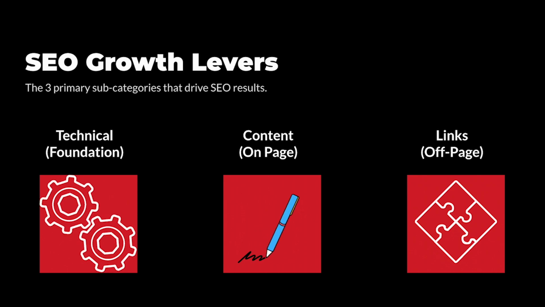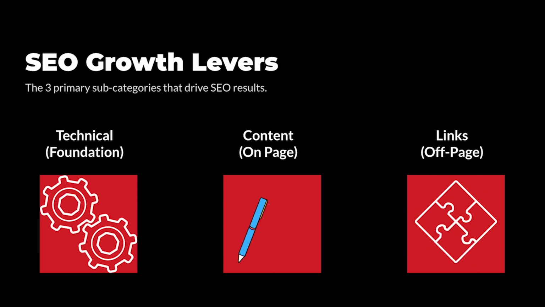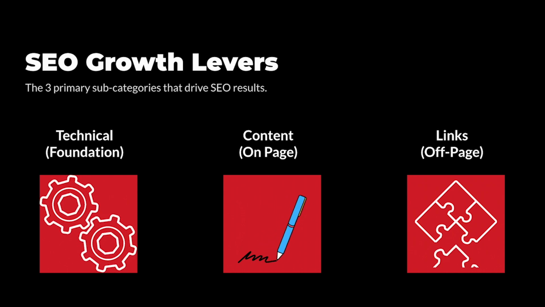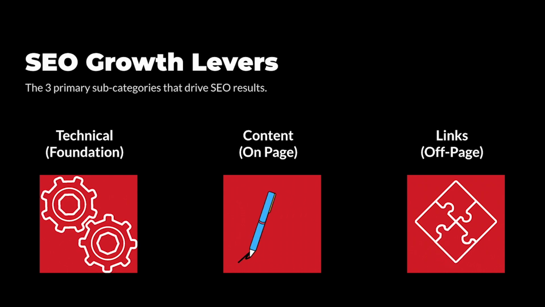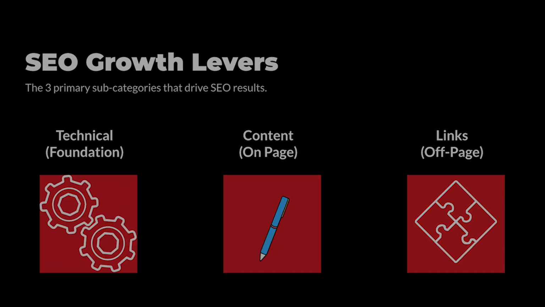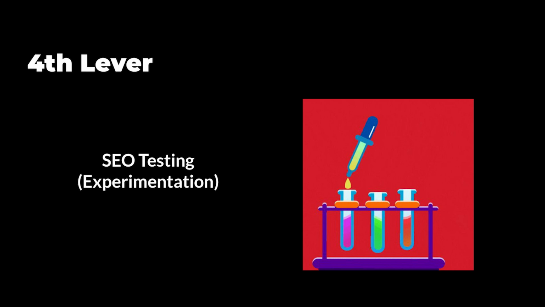We also have links. Those can be both internal and external. Now, external links are more off-page, whereas internal links are going to be more on-page. And then we also have a fourth growth lever that I think very few people think about in SEO, which is SEO testing and experimentation, which I also incorporate with my on-site and on-page SEO strategies.